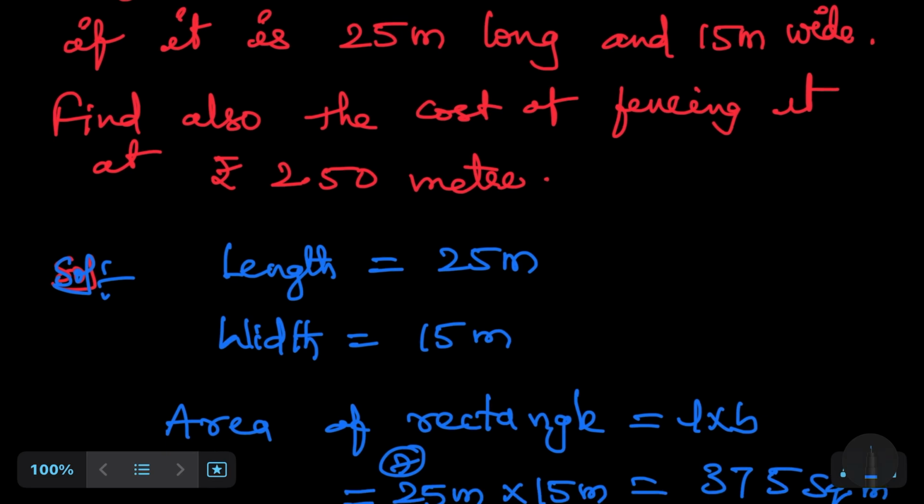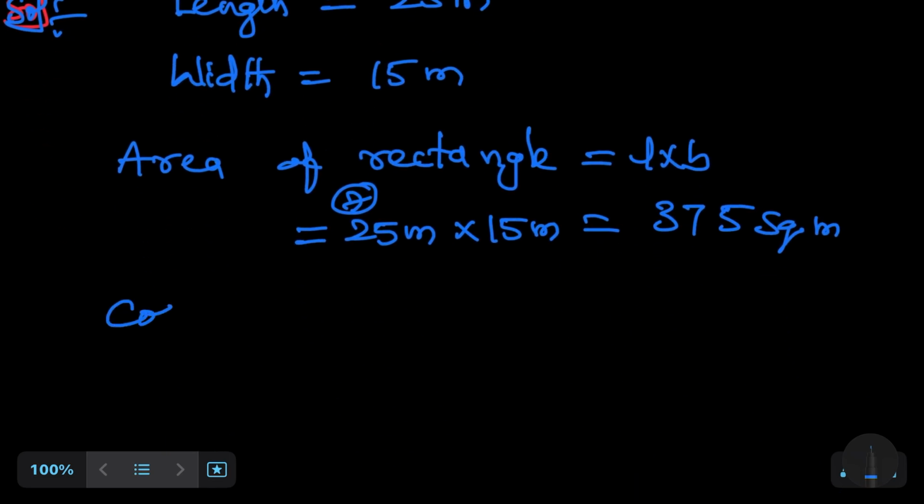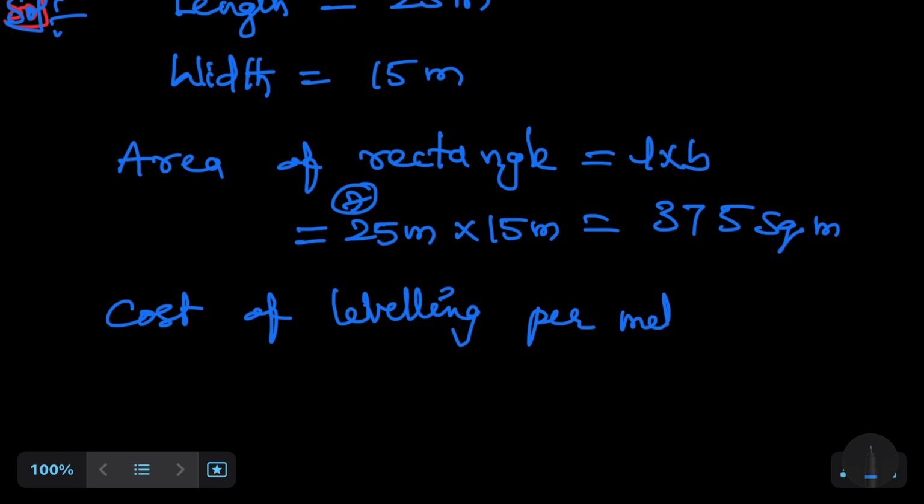What is the cost? 4 rupees. Cost of leveling per square meter is equal to 4 rupees.